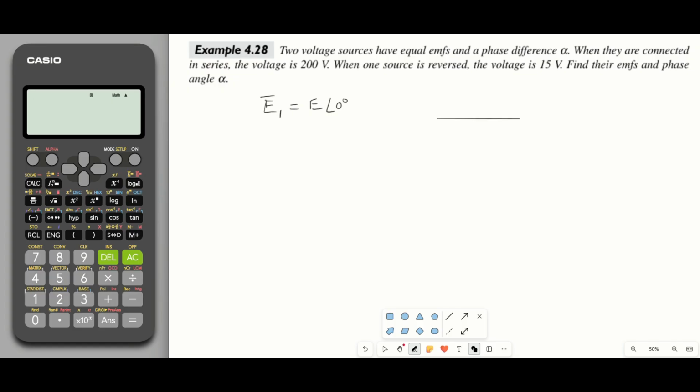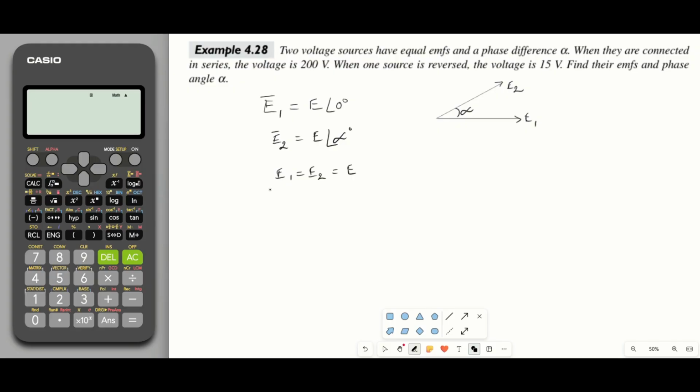If we draw it, this is our E1, and then E2 is at an angle of alpha, so this can be E2, and the difference between them is alpha. So E2 is E angle alpha. We have the magnitudes the same, that is E1 equals E2 equals E.